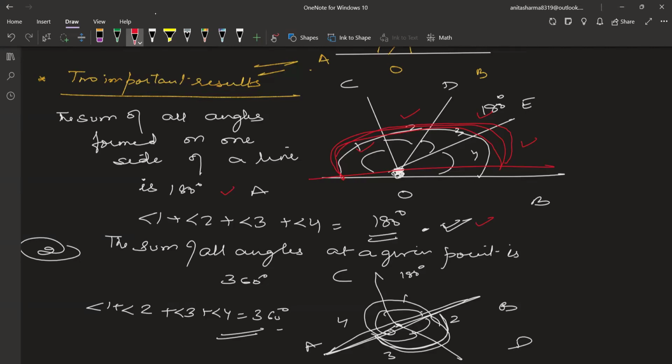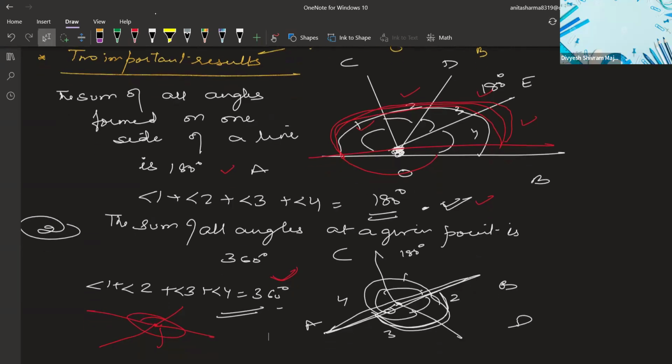If angles are formed on this lower side, then also their sum should be equal to 180. And the second result is, if angles are formed at a given point, then their sum should be equal to 360 degrees, because we know that a complete angle is equal to 360 degrees. Or you can say that at the center point in a circle, the complete angle is there and its measurement is equal to 360 degrees. Right, children? Please note this first.